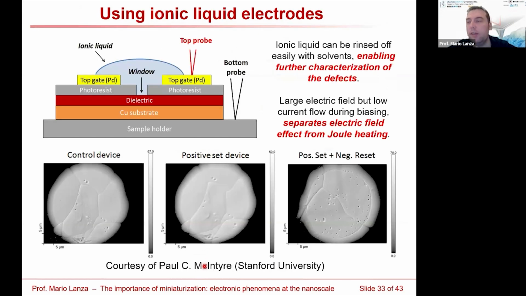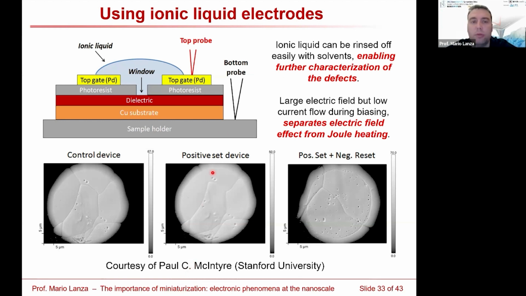Another important thing is that when you etch the top electrode, you may be damaging the underlying resistive switching material. I mean, there is no experiment that doesn't change the boundary conditions. Everything makes some little change. So we need to make many different experiments to understand resistive switching better.